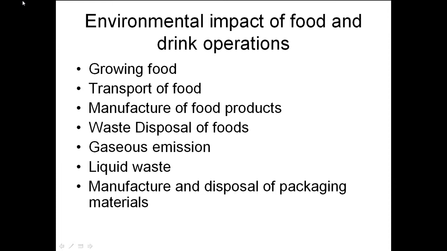The raw materials are transported. Then there's the actual manufacture of the food products, which takes place. You get energy from the grid. You get ingredients and other raw products from all over the place. You put them all together.